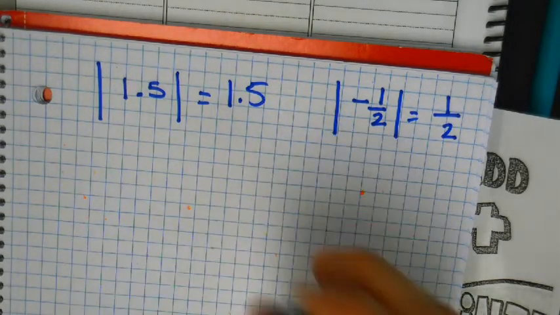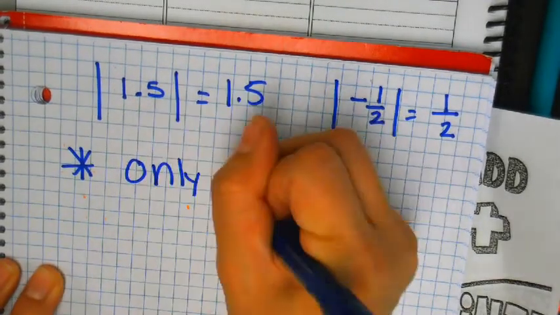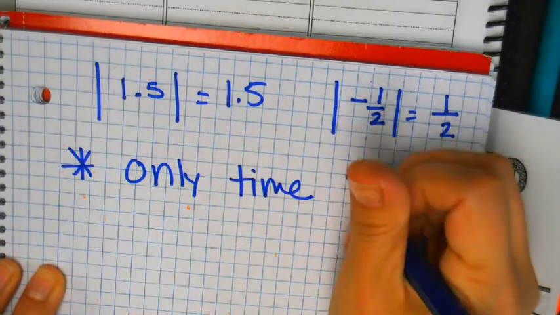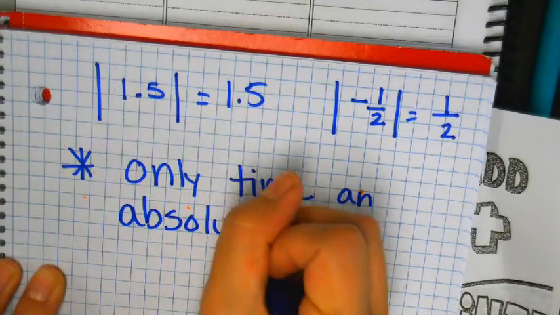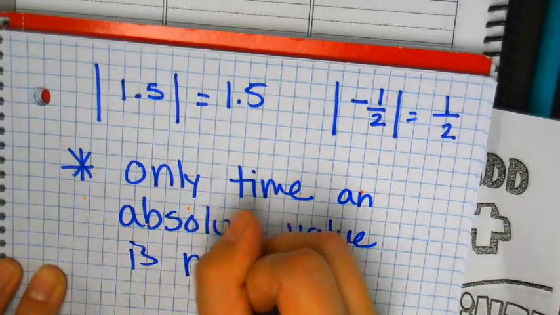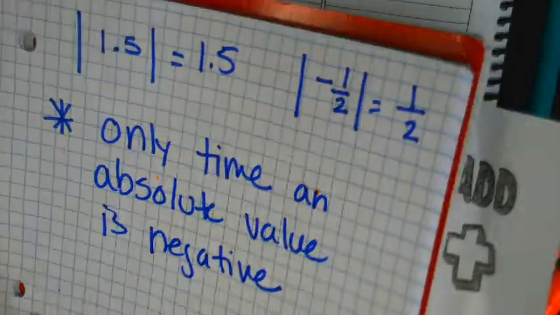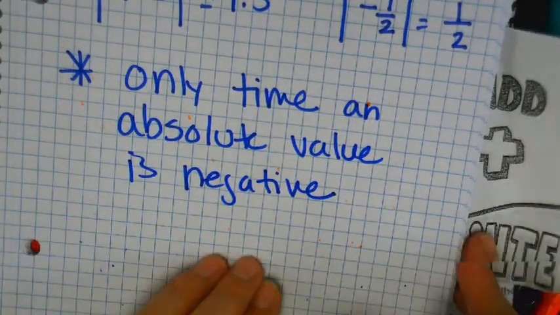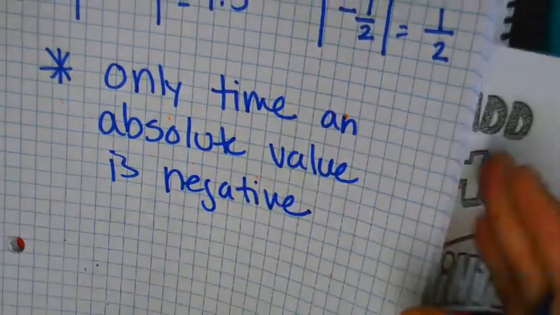All right. Okay. The only time in absolute value that the answer is negative. I just told you that it's never ever negative, and this is the only time that it is negative. Are you ready to learn when is the time that it's negative? Are you ready?